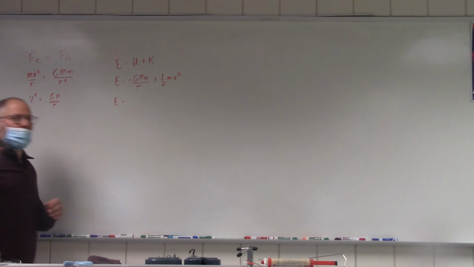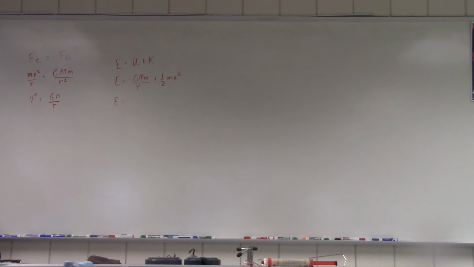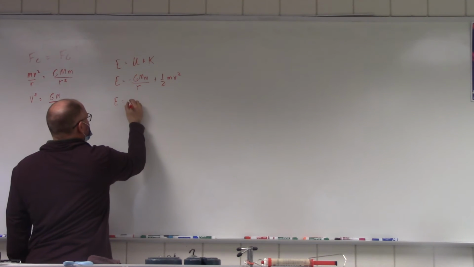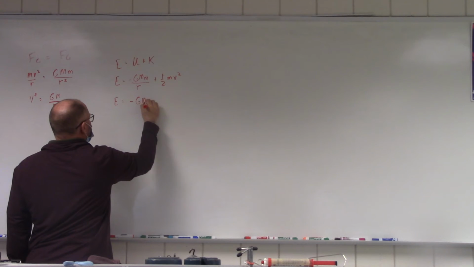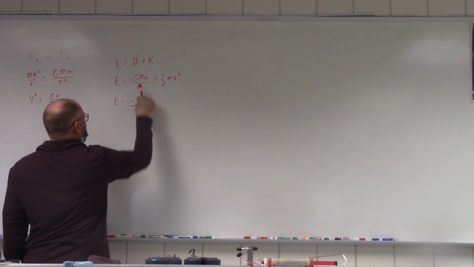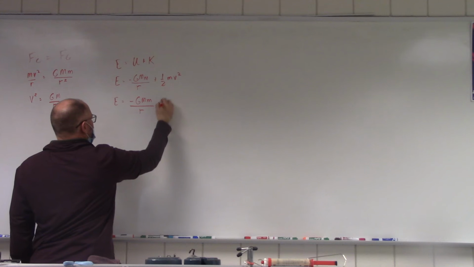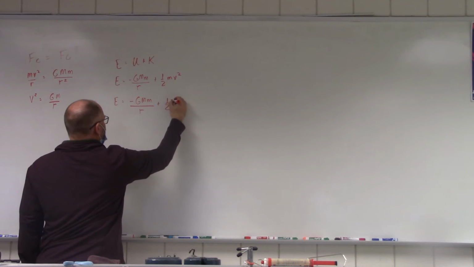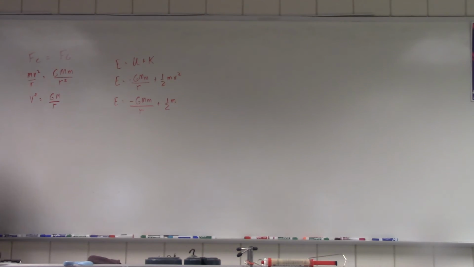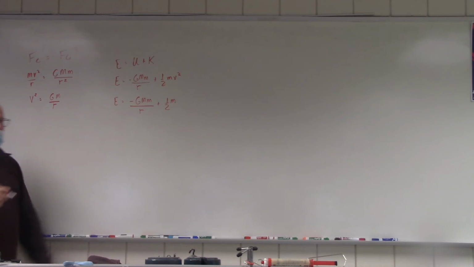Now, this is the part I want you to watch, because this is where the magic happens. Ready? When I go to write this, negative GMm all over r, that's the same thing here. I'm going to write this 1/2 m. But didn't I just solve for v squared over here? What if I took this v squared and put it in over here?